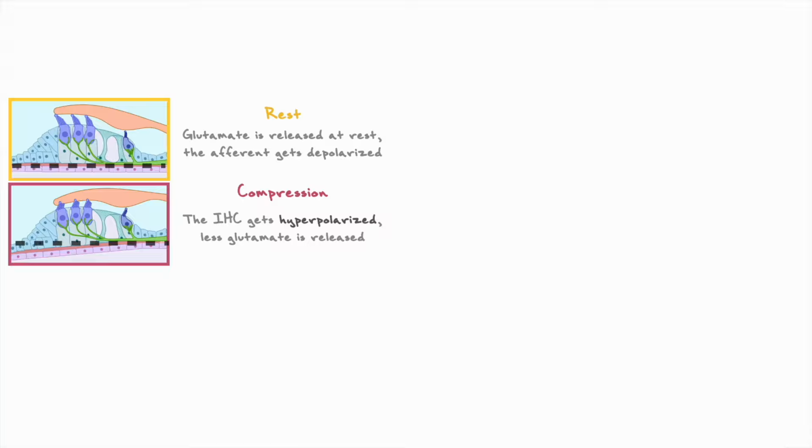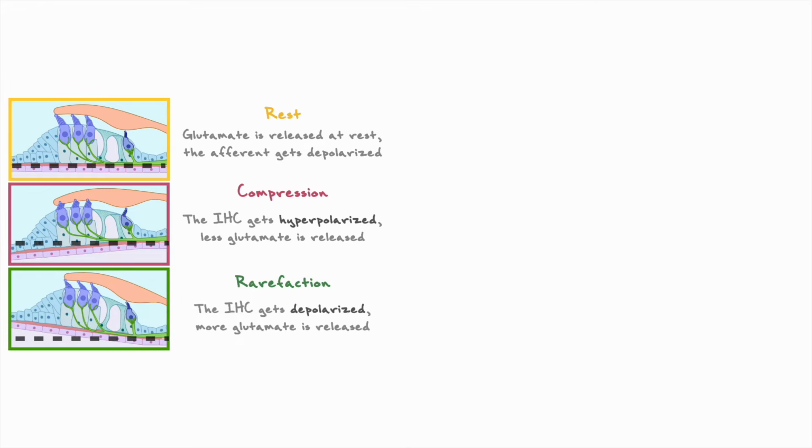On the other hand, a rarefaction causes the opposite as the basilar membrane goes up, the MET channels open up, and the cell gets depolarized, thus increasing the amount of glutamate released. Because of this switch between rest, depolarization, and hyperpolarization, inner hair cells are said to have a biphasic response.